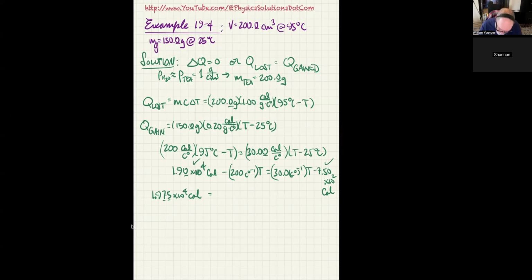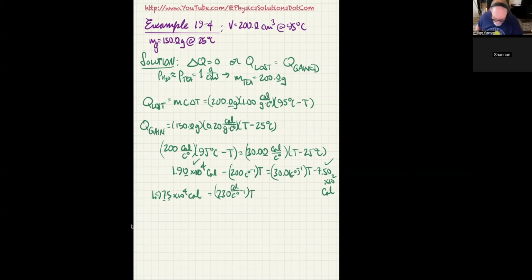Now I have to pull the 200 term over to the right, and that's going to be 200 positive plus 30. So 230 times T. And this is calories on top.